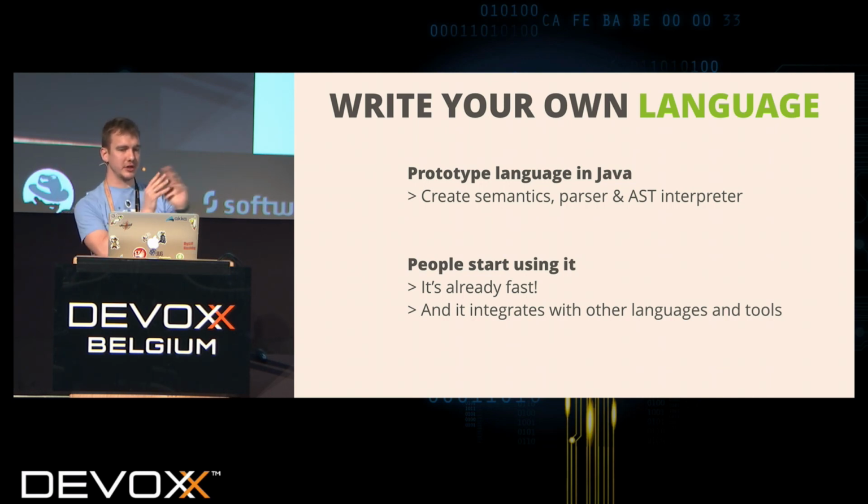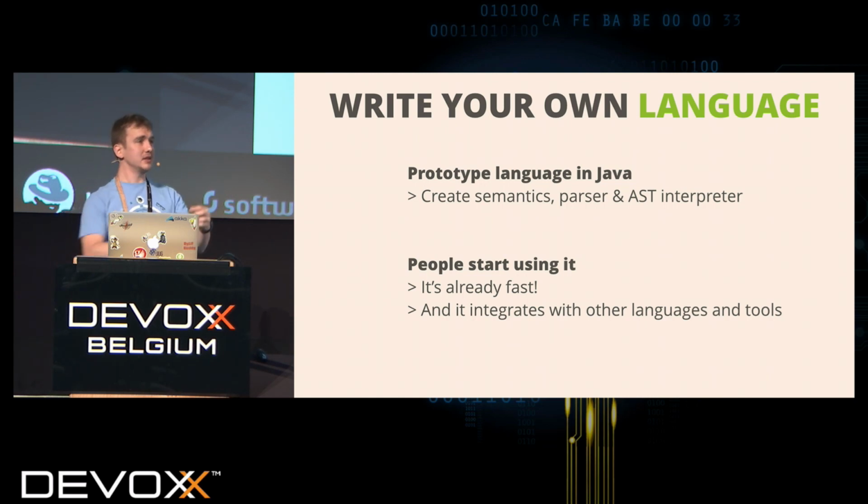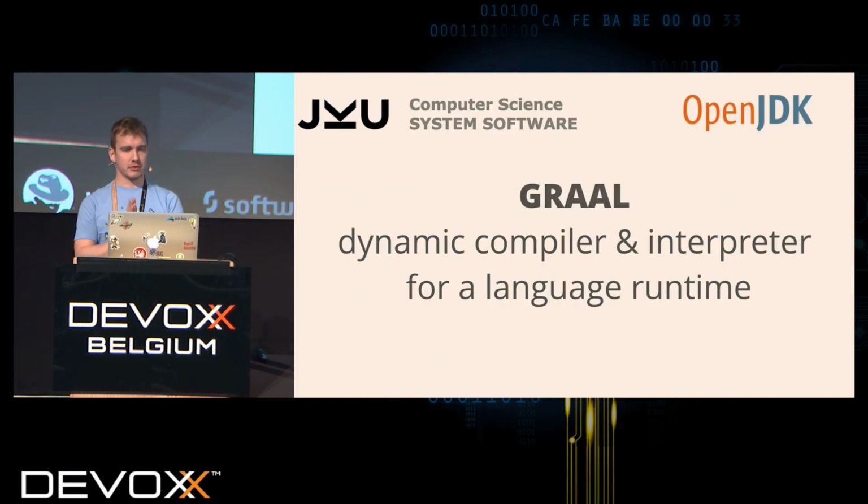And we would like to create the semantics and specify how our input program will correspond to some sort of AST. And then when people start using that, they have the whole infrastructure there. It's fast, it integrates with all the tools, it also runs with the platforms that people like and use, and this is what we would like to have. And luckily we have the tools to do that. So enter the Graal and Truffle projects.